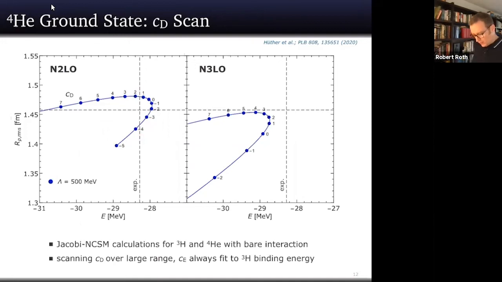Same for N3LO. Here, this parabola is moved to the left, and you never even get a point where you could reproduce the ground state energy of helium-4 exactly. Here you have two points, here and here, where you get the ground state energy correct, but not the radius. Here's a point where you get the radius, but not the ground state energy. In this case, you cannot get either of the two exactly.